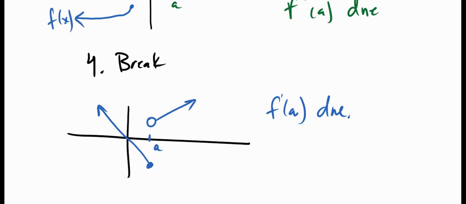So you said that if the limit doesn't exist, then the derivative doesn't exist. They might. Yeah. But the slope of the tangent doesn't exist at those points by definition.